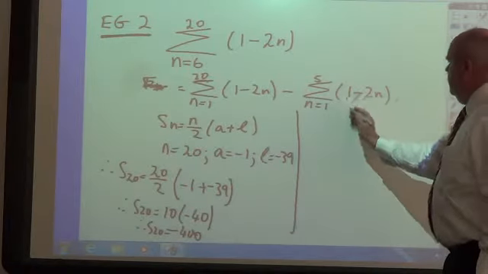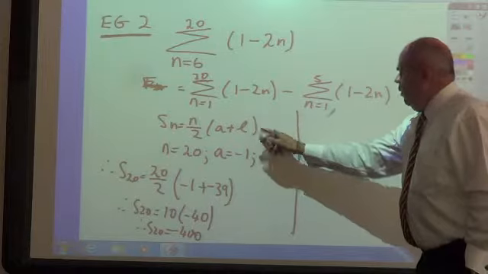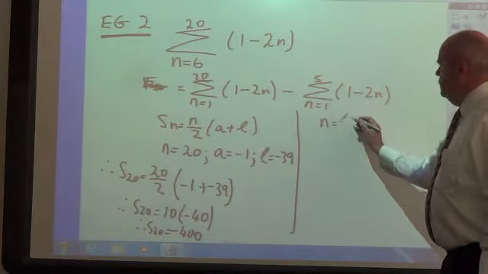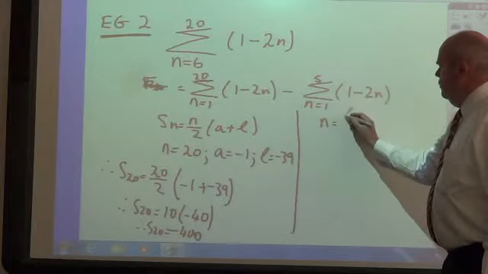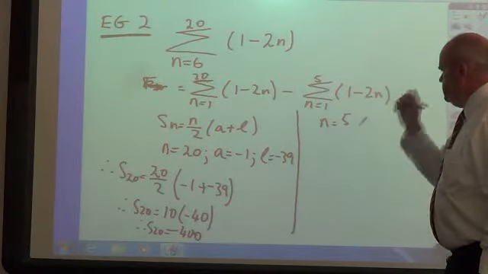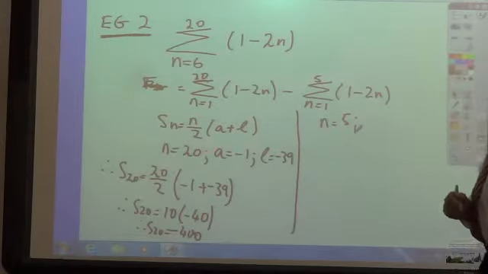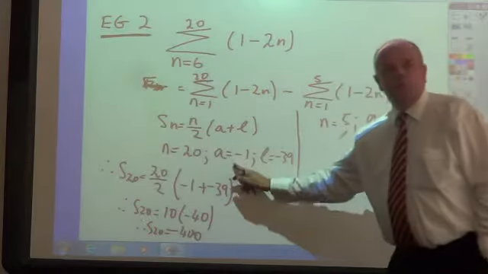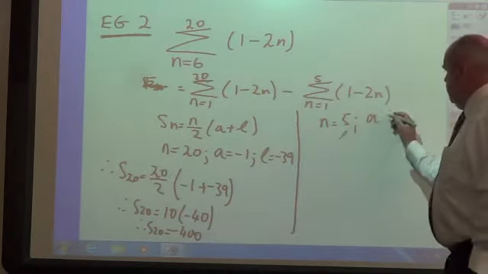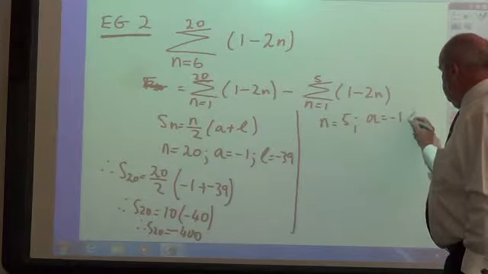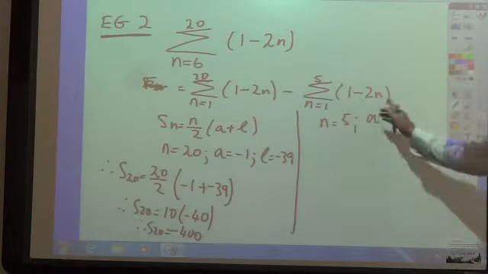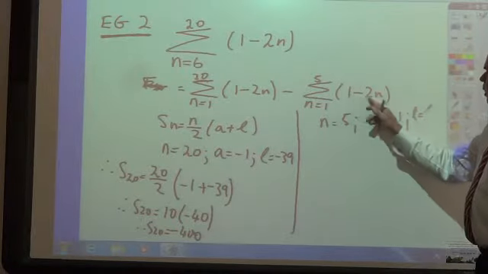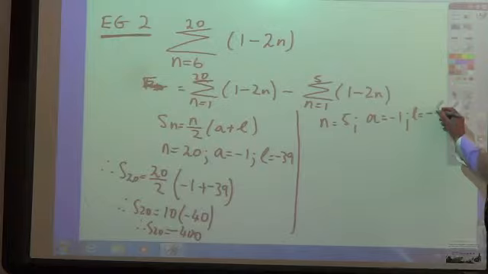Once again, I do note that n equals 5. There's 5 terms in our series. a is equal to the same as what it was here, of course, so negative 1. The last term will be different. We substitute 5 into there and realise that l is equal to 1 minus 10, which is negative 9.